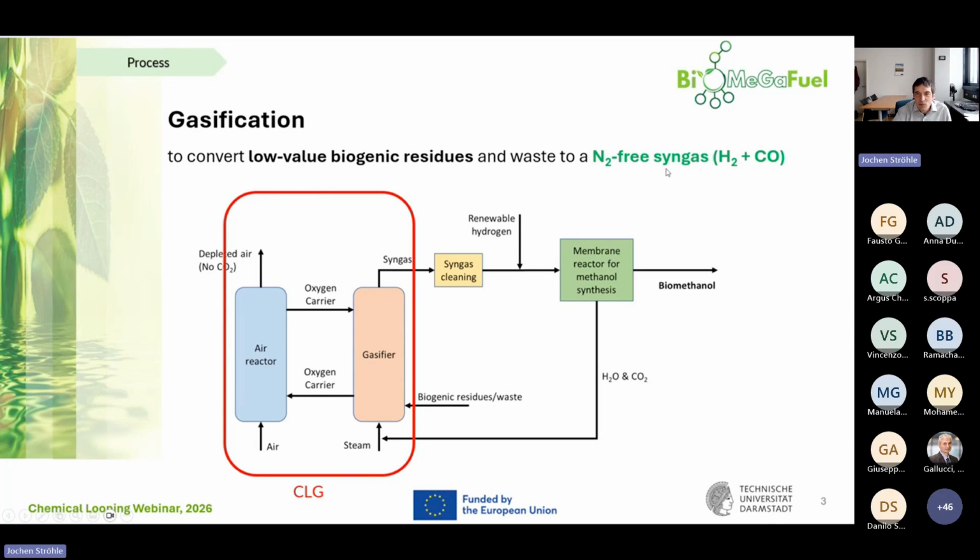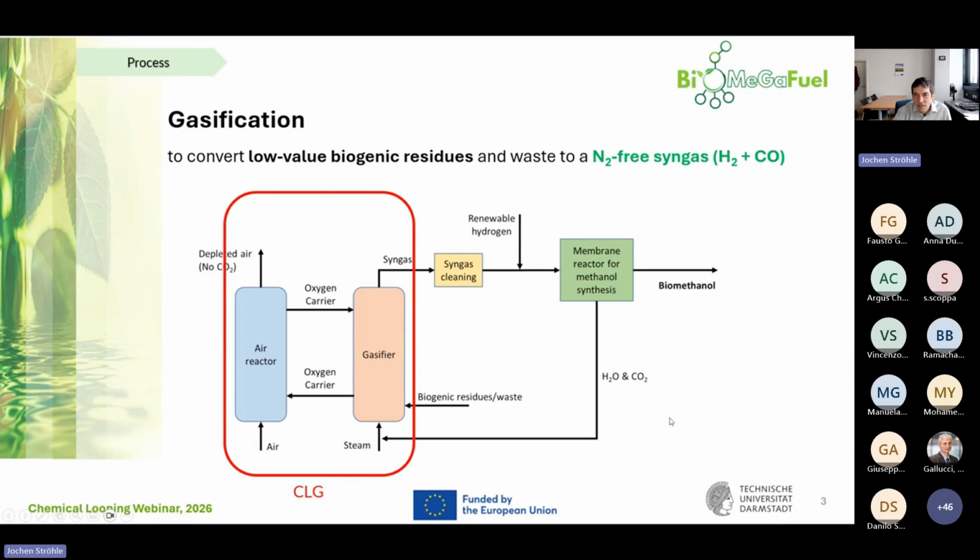Here we need a nitrogen-free syngas because if we have some nitrogen in the syngas, this would be ballast in the system. So inert material we have to separate and recycle.